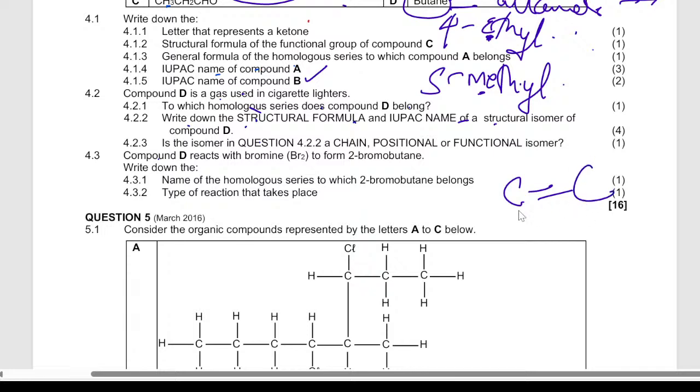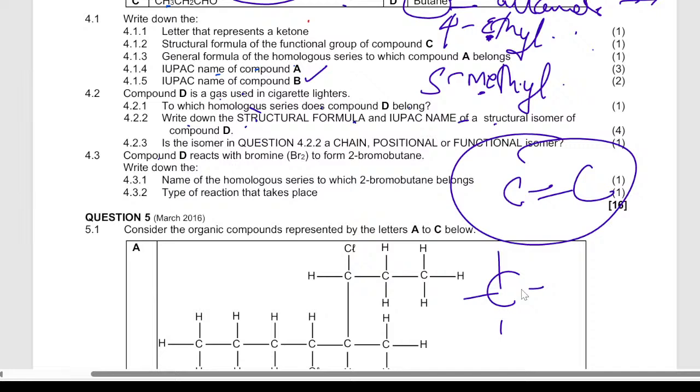Between where? Between the carbon atoms. Saturated compounds are compounds which have single bonds between carbon atoms, while unsaturated compounds have double or triple bonds between carbon atoms. So that's the major difference.